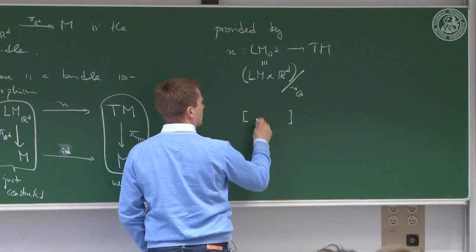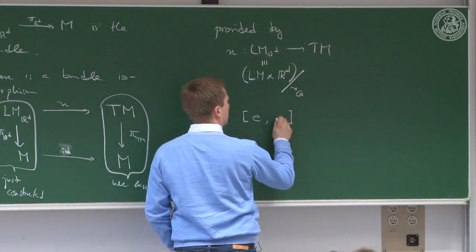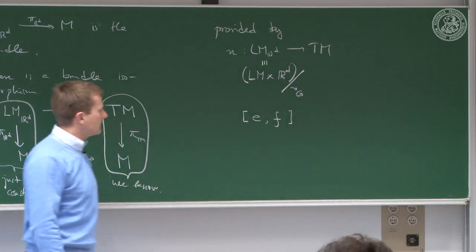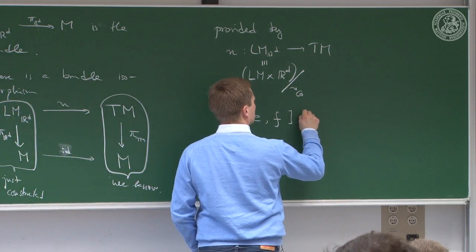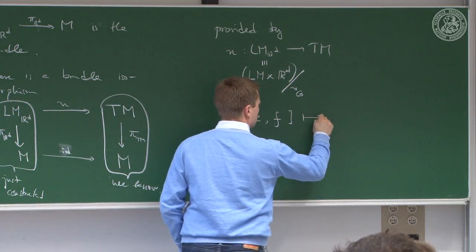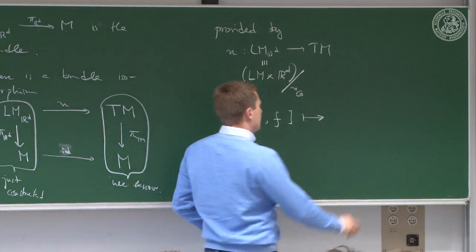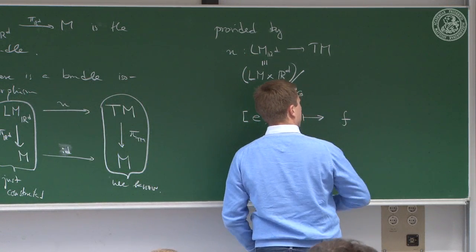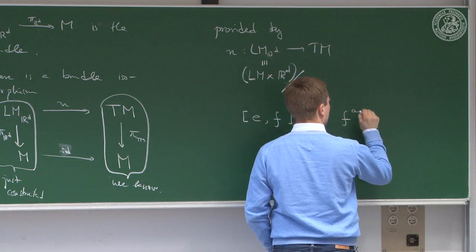In this case, we take a frame E and an element of this fiber F, and this map sends it to F^a E_a.